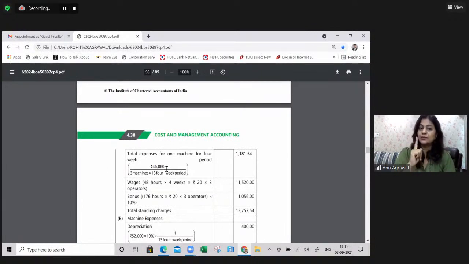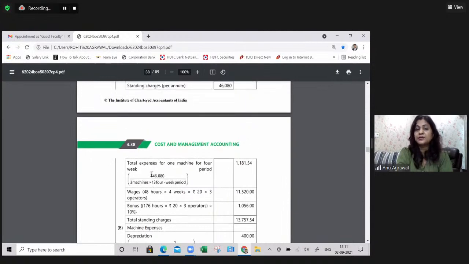Now we are supposed to do costing for 1 month, and that 1 month I'm supposed to write down as 4 weeks for the whole year. So if there are 52 weeks, 4 divided by 52 is 1 by 13. And that's exactly what they're doing. So 46,080 divided by 13.